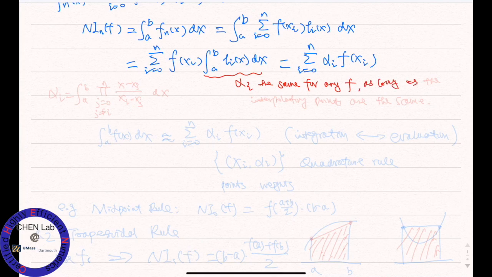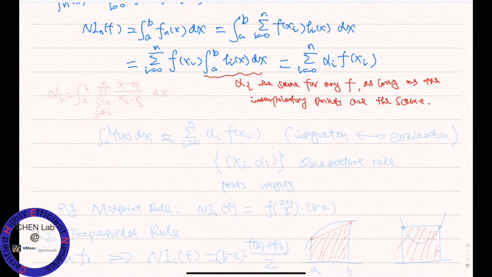As long as the interpolating points are the same. All right. Because those Li of x are determined. Remember what Li of x is?